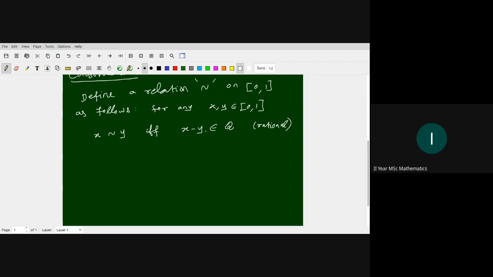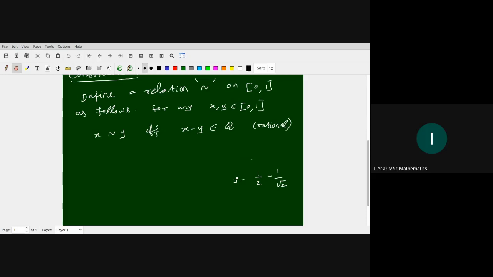Take x as 1 by root 2; what y is related to it? 1 by root 2 itself. Any non-trivial example? Take 1 by 2 minus 1 by root 2. Both are related because the difference is 1 by 2, which is rational. There is nothing much to discuss here.